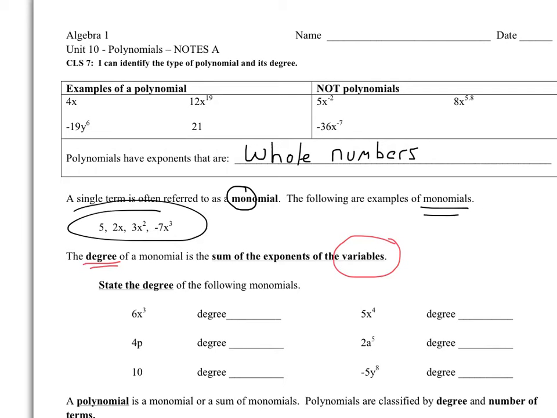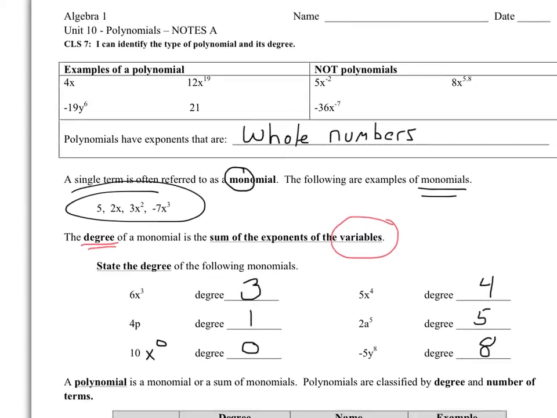So 6x to the third is a degree 3 monomial, 4p is a degree 1, and 10 is a degree 0, because technically that's like having 10x to the 0. 5x to the fourth is 4, 2a to the fifth is 5, and negative 5y to the eighth would be 8. So pretty simple.